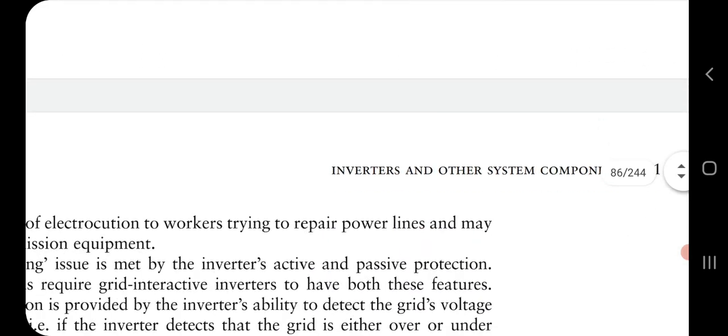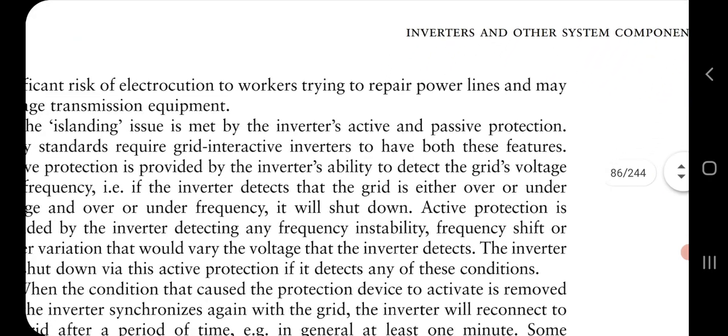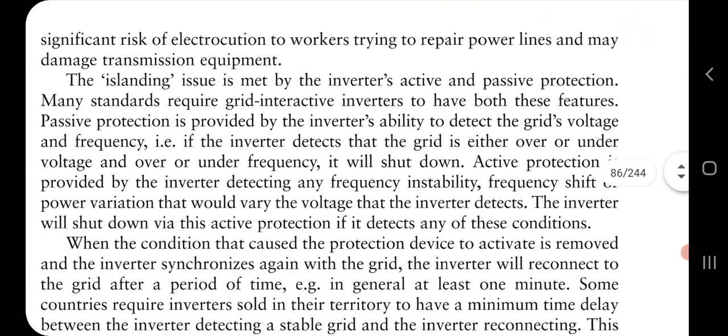So nowadays they are taking more care to resolve these islanding issues. Active and passive protection has been provided, in which the inverter detects the voltage and frequency of the grid. If everything matches and is okay, then only it will give the supply, otherwise it won't give any supply.